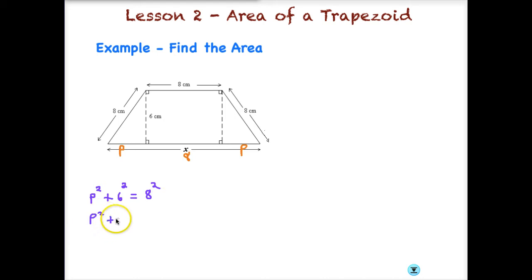So if we simplify, we have p squared plus 36 is equal to 64. Let's fix that a little. To solve, I would need to subtract 36 from both sides, and I would get p squared is equal to 28.